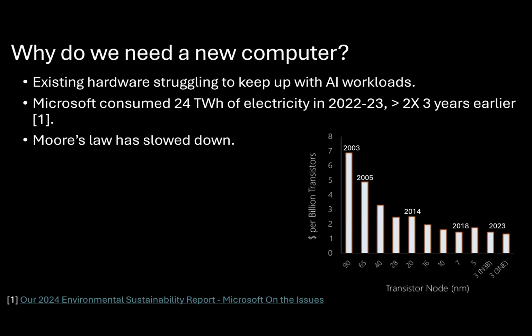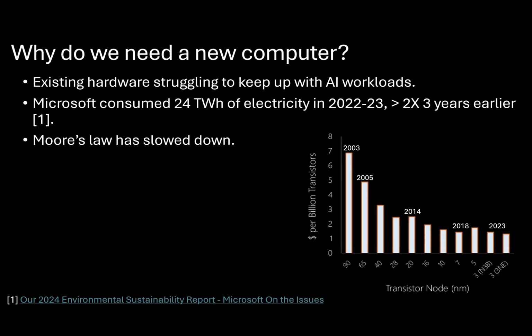Firstly, by way of motivation, why do we need a new type of computer? Well, existing hardware, and by that I mean existing types of computers, especially GPUs, are struggling to keep up with AI workloads. A nice headline figure is that in 2022 to 23, Microsoft consumed 24 terawatt hours of electricity.